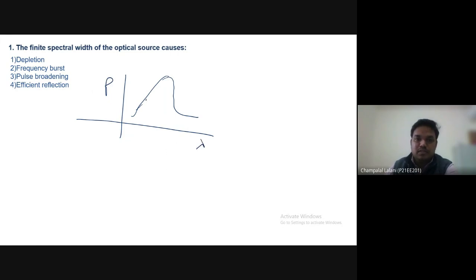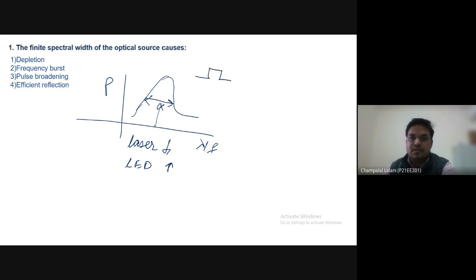So this is your spectral width. This broadening for laser is very small, whereas this broadening for LED is large. So this is what pulse broadening is. To send some pulse like 1, 0, there may be broadening like this. Okay, I hope you have understood this question.